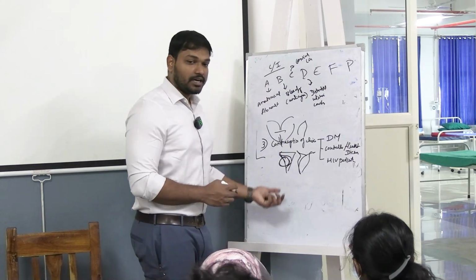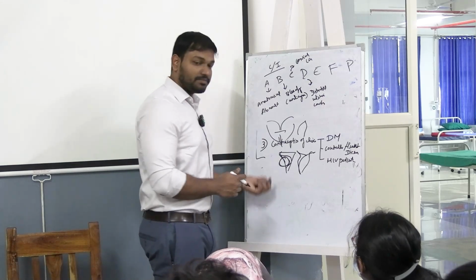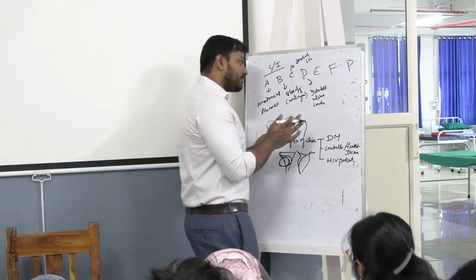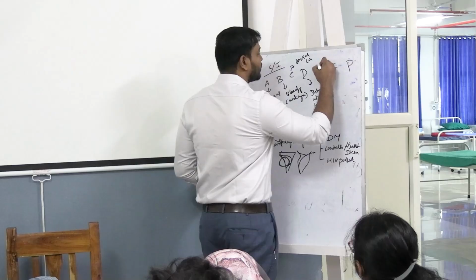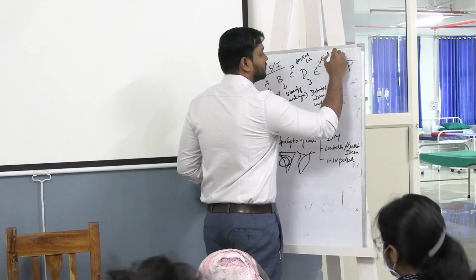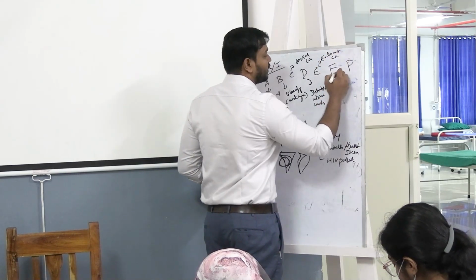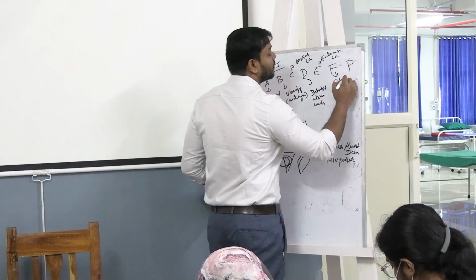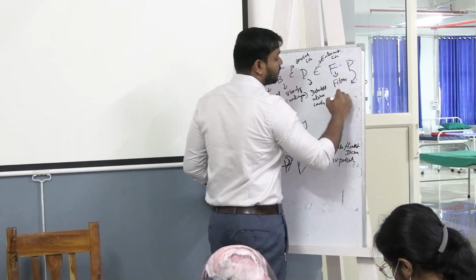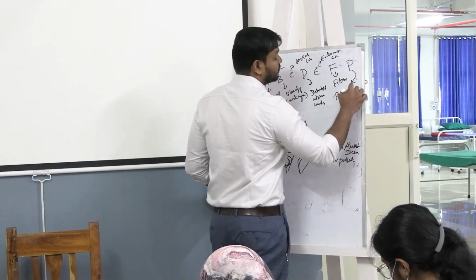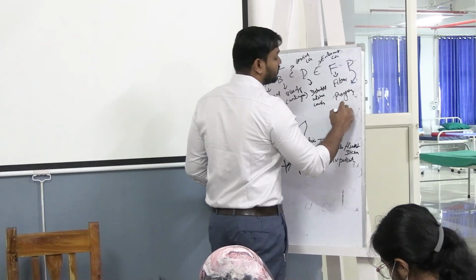If there is any adhesion inside, Asherman syndrome, the uterine cavity is distorted. E for endometrial cancer. F, fibroid. P is for pregnancy. Pregnancy or puerperal sepsis.